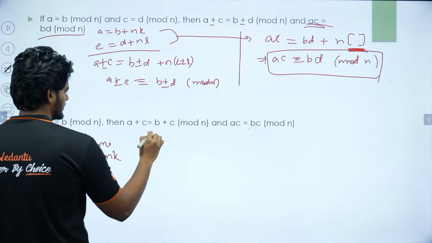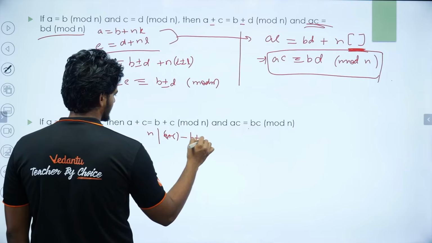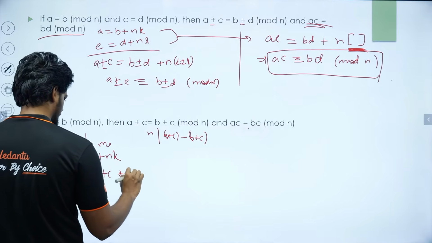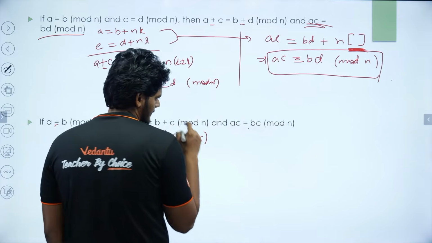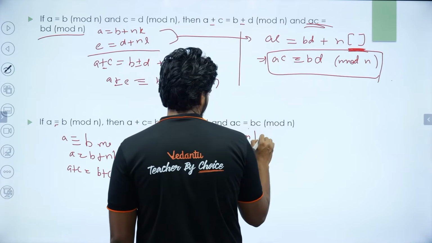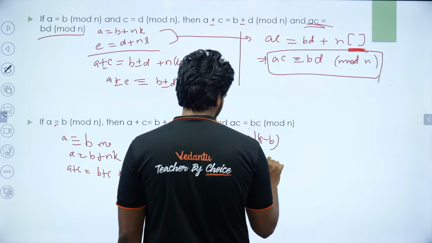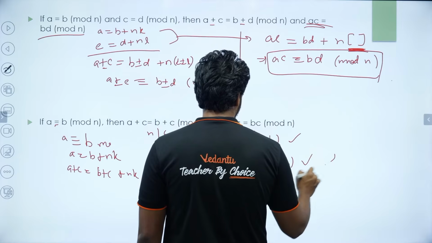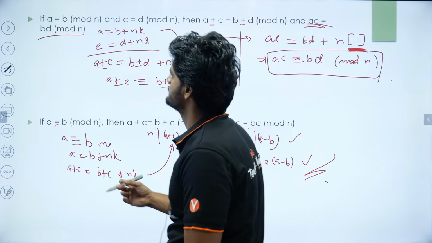I mean, n will still divide (A plus C) minus (B plus C), right? Nothing changes. And similarly, n divides A minus B would imply n will also divide C into (A minus B). So, this is also followed, no problem. Is that understood? Clear?